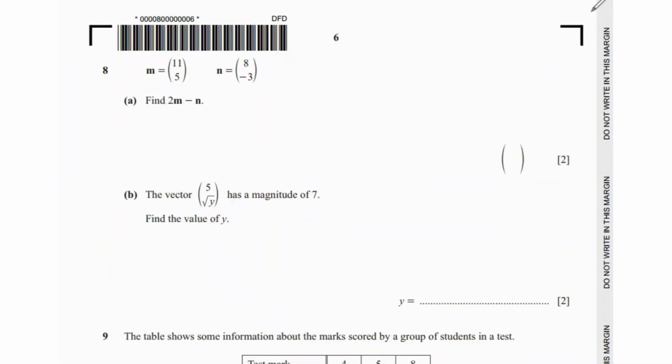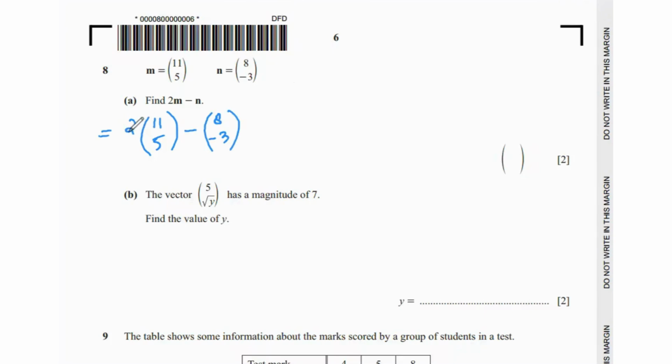Then question 8 says that we have two vectors, vector m and vector n. We have to find 2m minus n. Very simple. Write 2 brackets 11, 5 minus vector n, which is 8, negative 3.